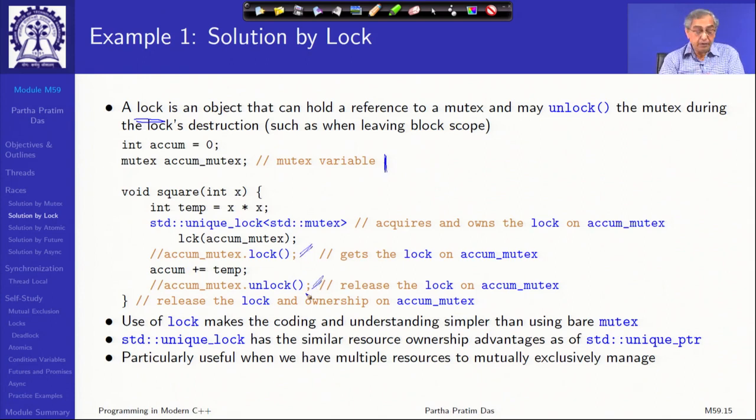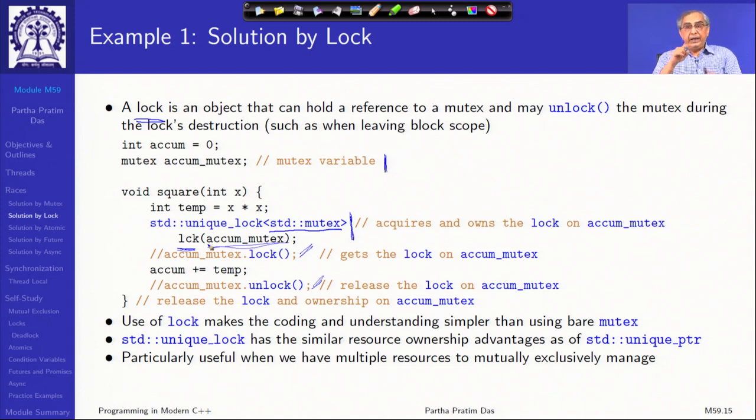But instead of doing that, you say std::unique_lock, which is available in the mutex component, and pass a template parameter mutex. Then this is your lock variable and this is the mutex that you are locking.